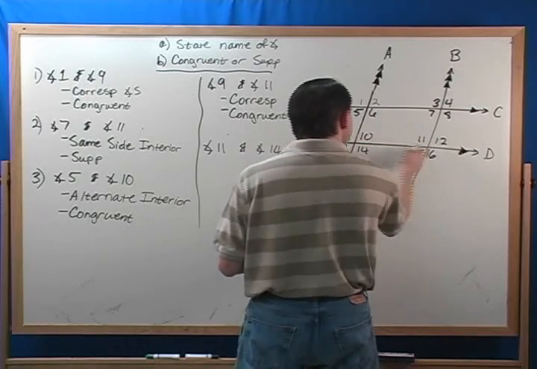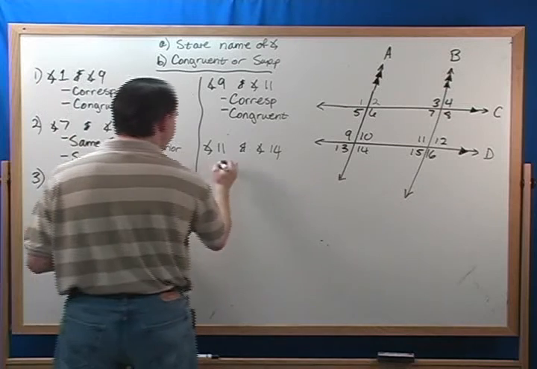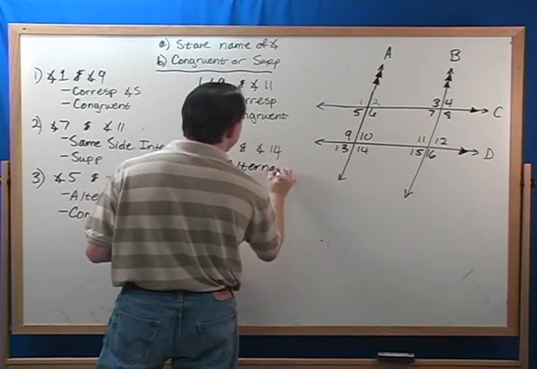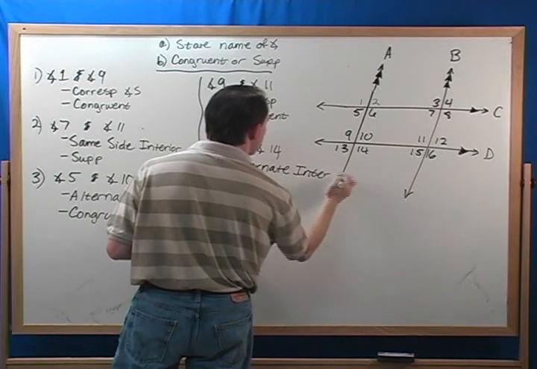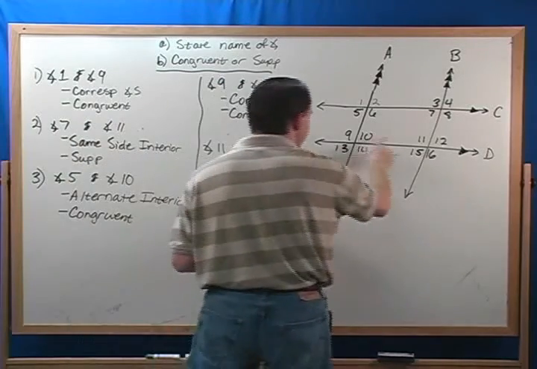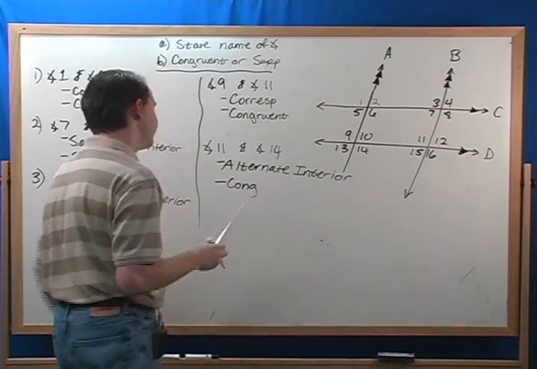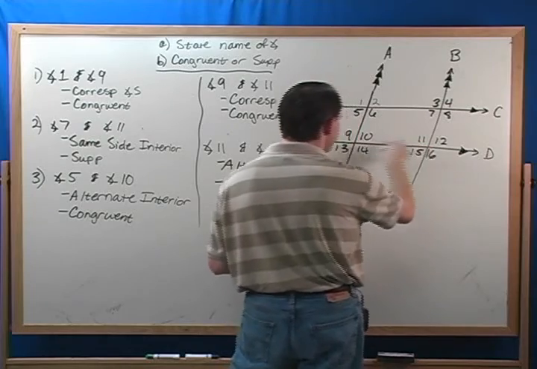And they're interior because they're interior to these two lines, so they are alternate interior angles. And if you look back at your theorems, alternate interior angles are always congruent. And you can see this angle looks about the same as this angle right here.